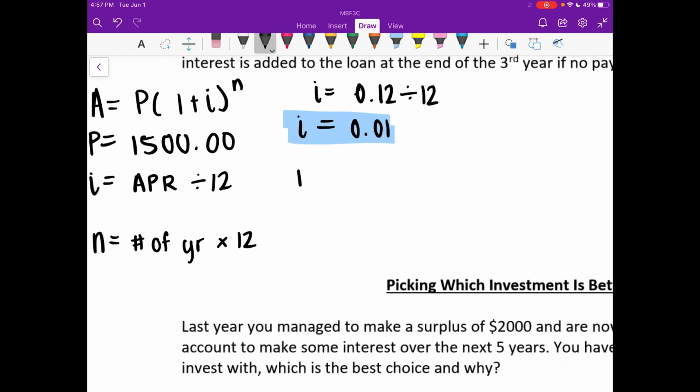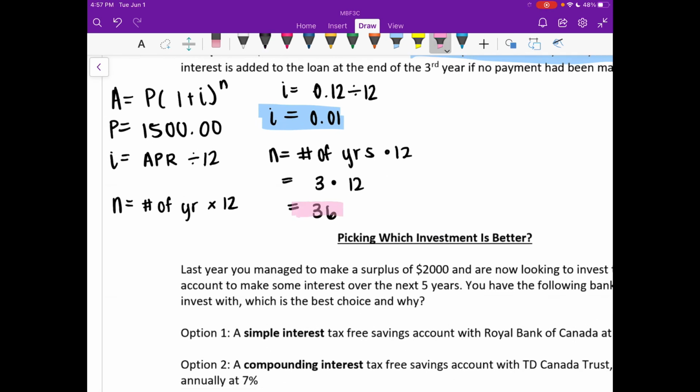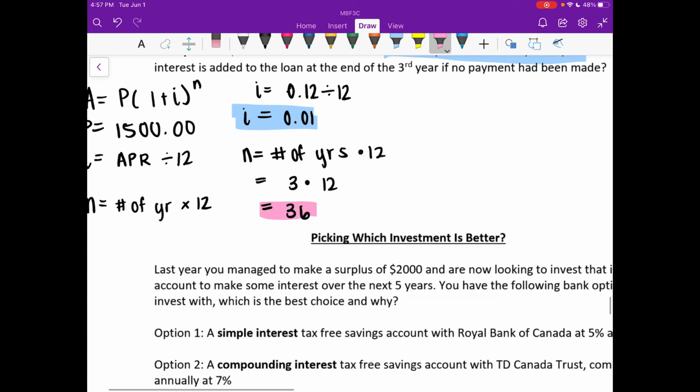And n is equal to number of years times 12, which is 3 times 12, which is going to give us 36. So now I can just put the different numbers into the original equation. So A is equal to 1,500, which is our P value, times (1 plus 0.01) to the power of 36.